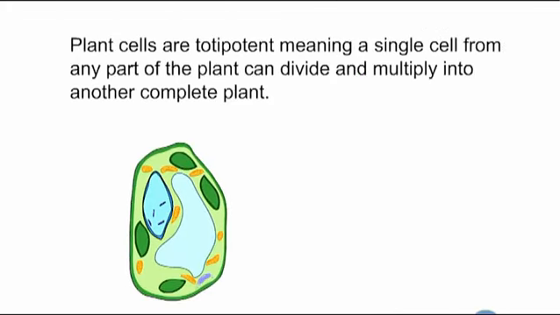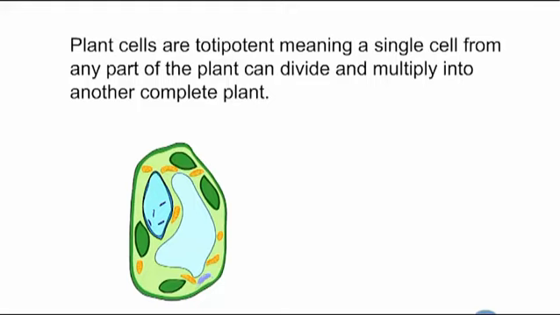The plant cells are totipotent, meaning a cell from any part of the plant can divide and multiply into another complete plant. We know well the ability of a single cell, after cell division and multiplication, every cell divides and redivides, multiplies and develops an entire organism or entire plant.